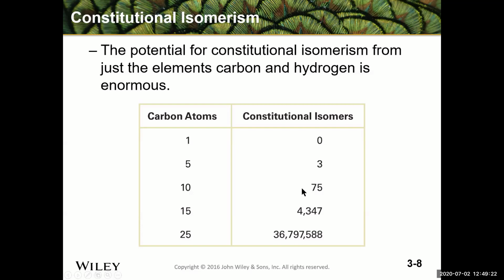This is what makes organic chemistry interesting, because carbon shows much versatility in its bonding, and then you have many, many possibilities for constitutional isomers. The more carbon atoms you have in the structure, the greater the number of constitutional isomers.